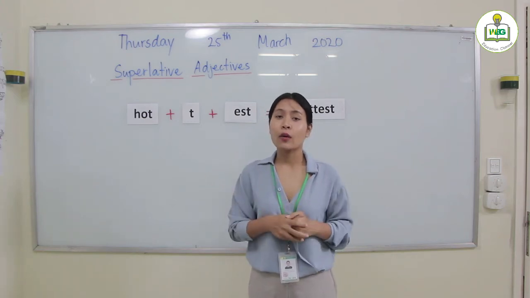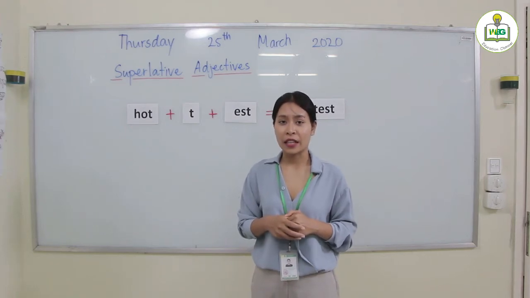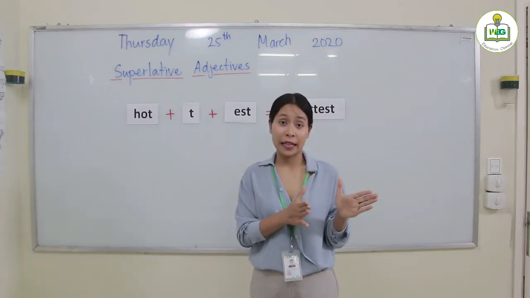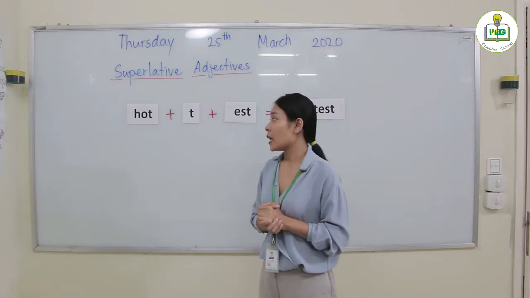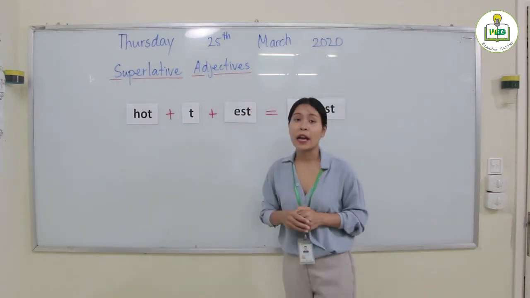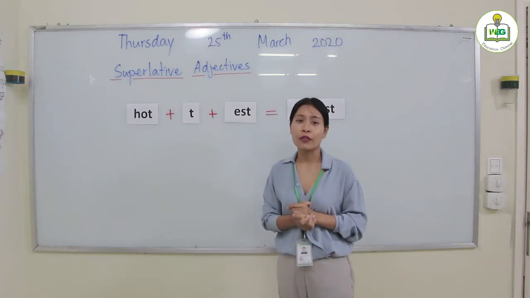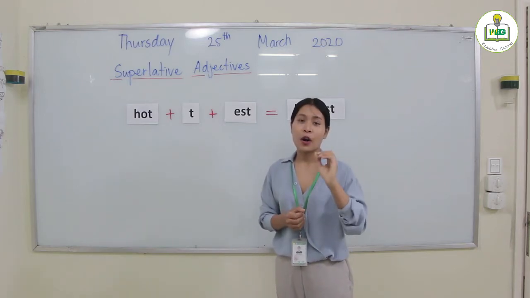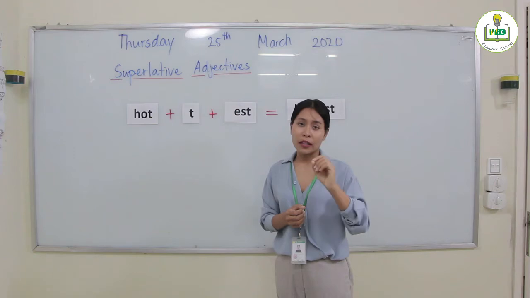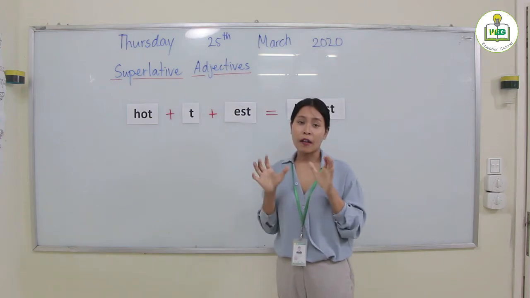The word "than" is only used for comparative adjectives, since they compare two things. But superlative compares one thing among the others.